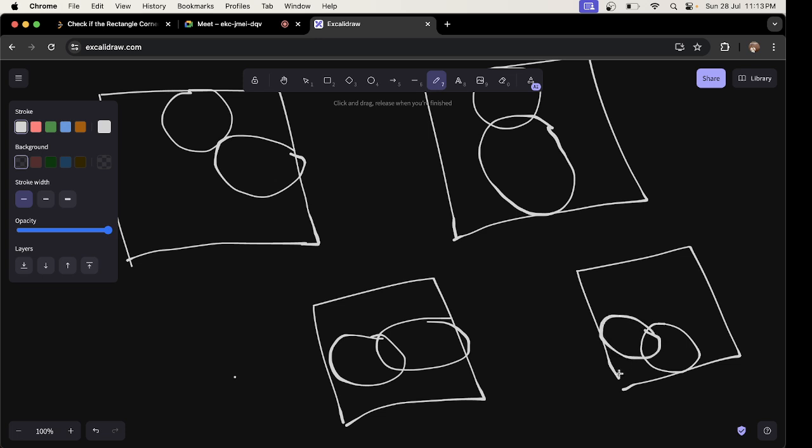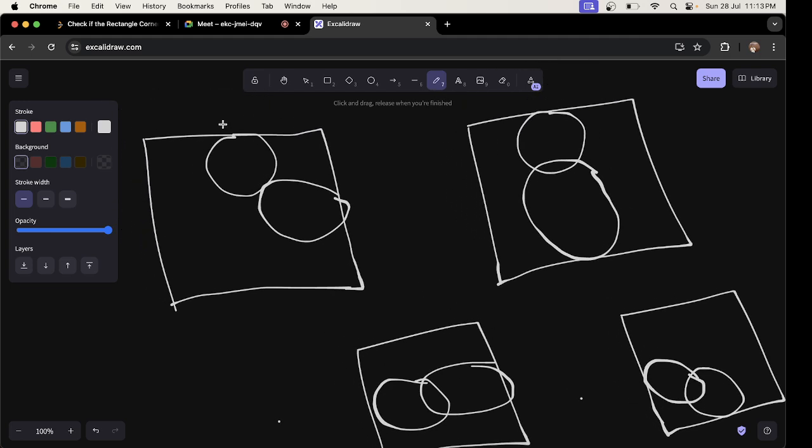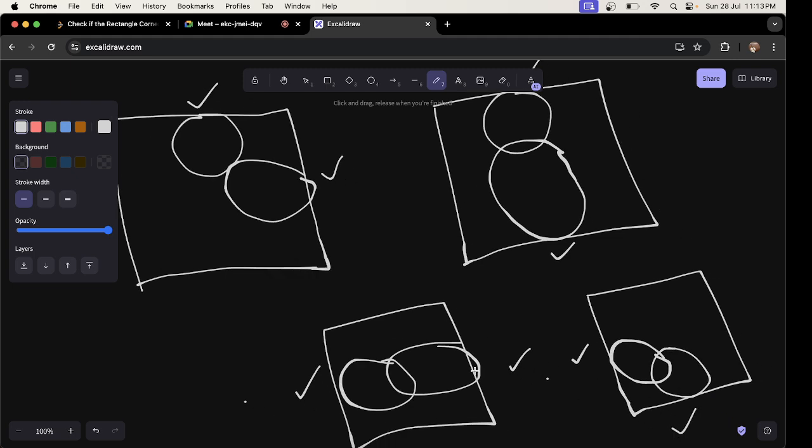So if there are intersecting circles or circles which touch each other and touch these combinations, that is top and right, top and bottom, left and right, left and bottom, the answer is no. In all other cases the answer is yes.